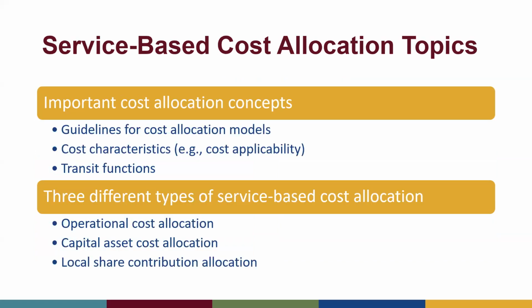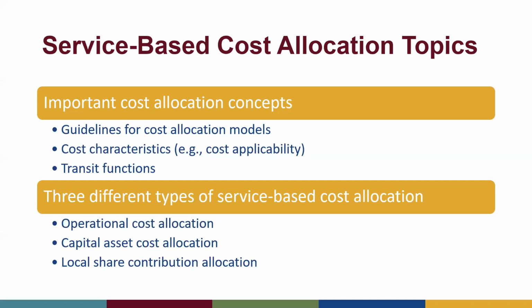In the service-based cost allocation chapter, that's chapter 2, that chapter contains first just some key foundational concepts to cost allocation. We'll provide you in that chapter basic guidelines for building a cost allocation model. We talk about the nuances when it comes to different types of costs. For instance, what costs are applicable to what services.